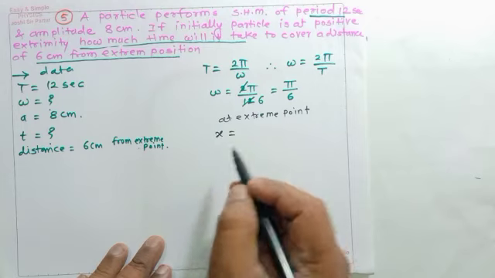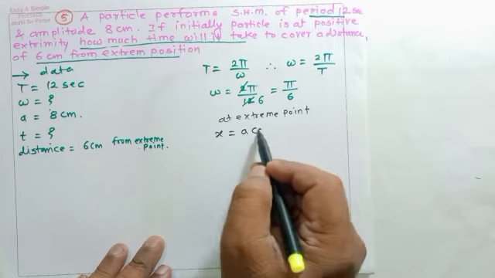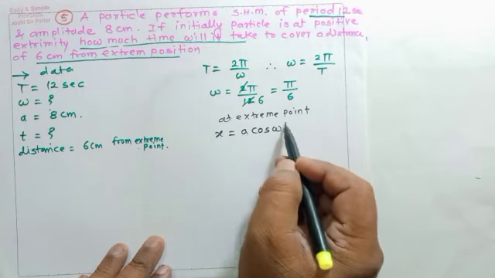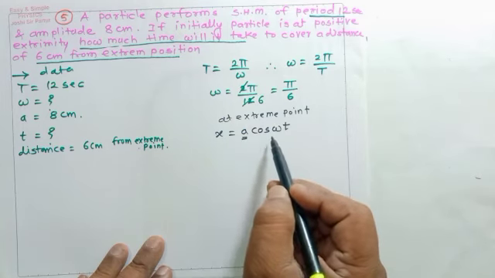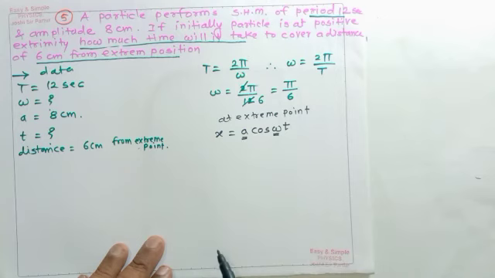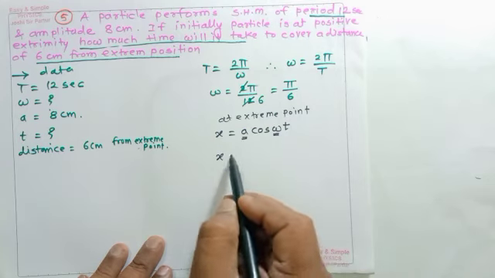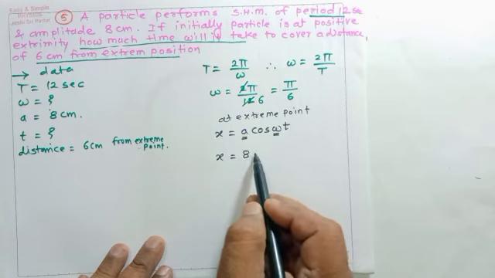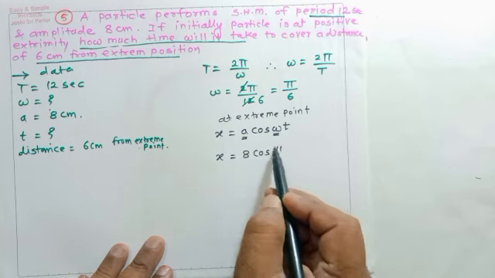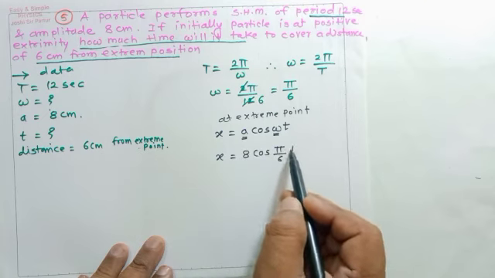the displacement will be a cos omega t. If we substitute the value of a and the value of omega, x is equal to 8 cos of pi upon 6 into time t.